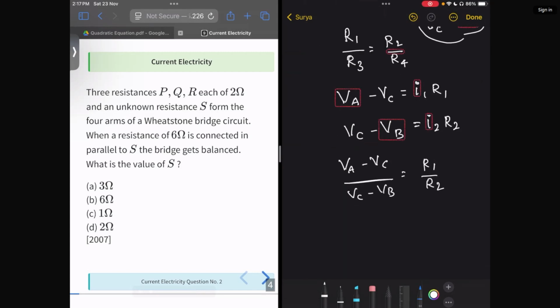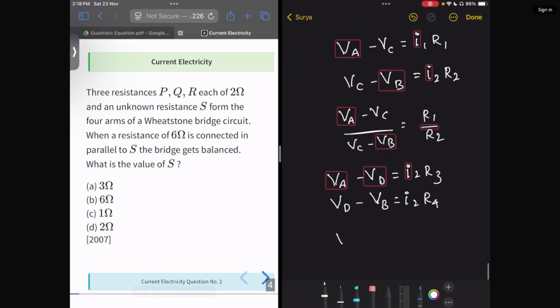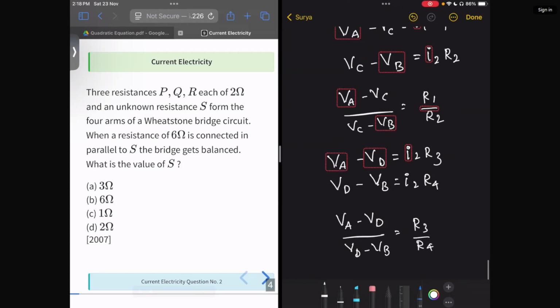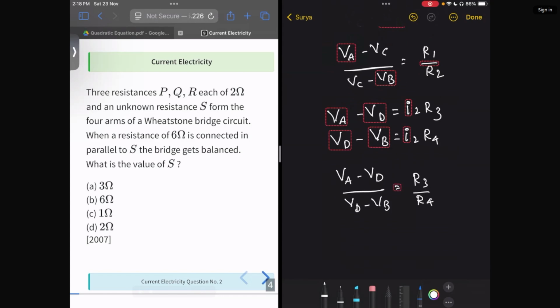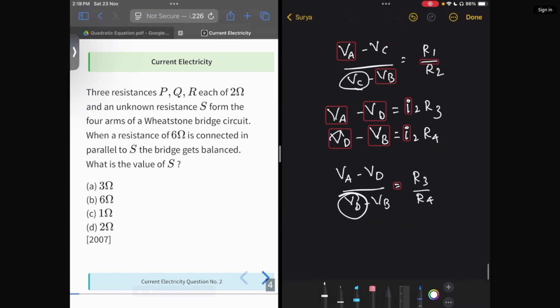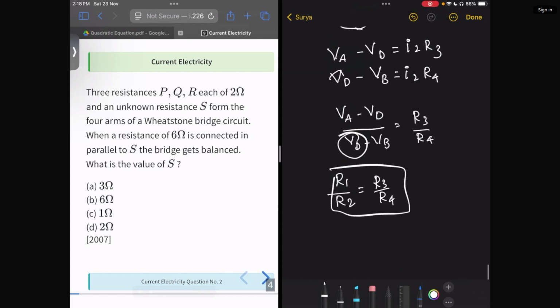Similarly for R3, VA minus VD is I2 R3 and VD minus VB will be I2 R4, so VA minus VD by VD minus VB is equal to R3 by R4. Since VC and VD are both equal, R1 by R2 is equal to R3 by R4. This is the condition when the Wheatstone bridge is balanced.